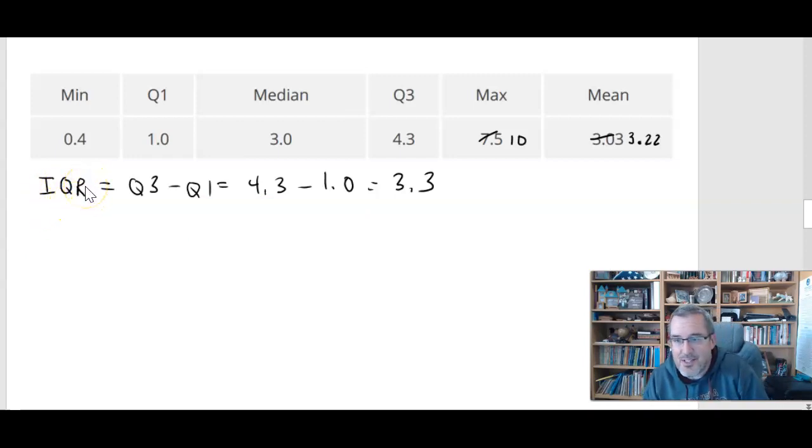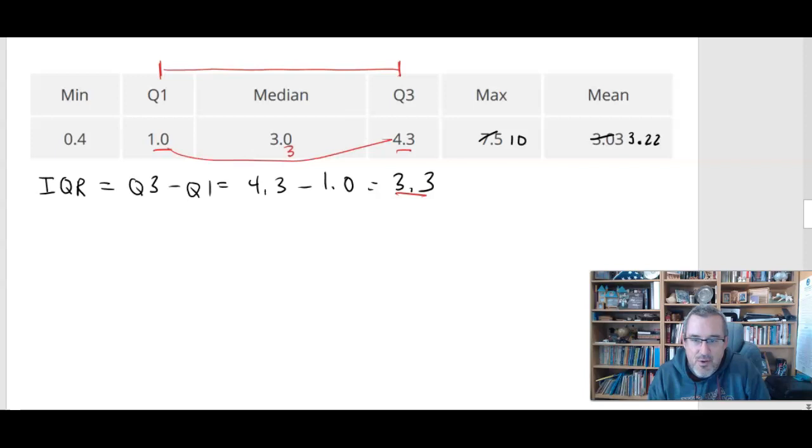The interquartile range is the distance from Q1 to Q3. So how far would you have to travel, like on a number line, to get from 1 to 4.3? Well, you subtract and find out. 4.3 minus 1, of course, is 3.3. So the gap here, there's a 3.3 mile gap in between Q1 and Q3. We call that the interquartile range.